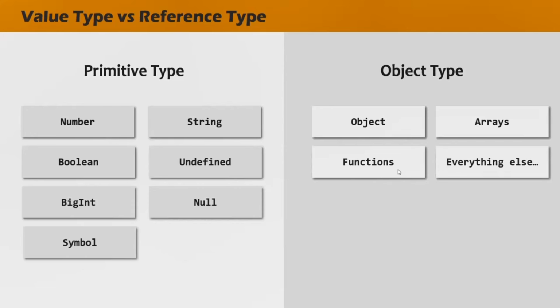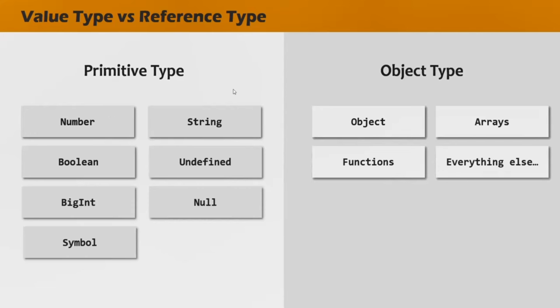So in simple terms, any data will belong either to these 7 data types, in which case that data will be a primitive type, or it will belong to object type, in which case it will be an object in JavaScript. For example, number 30 belongs to number data type, so the value 30 is primitive type.